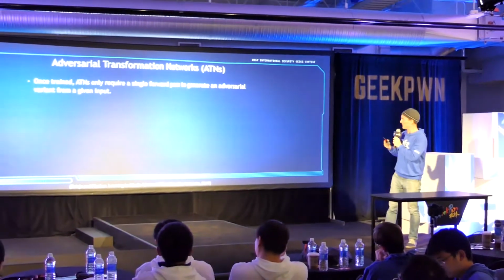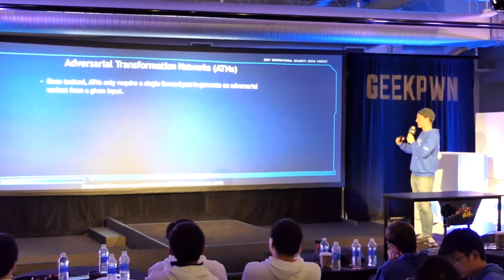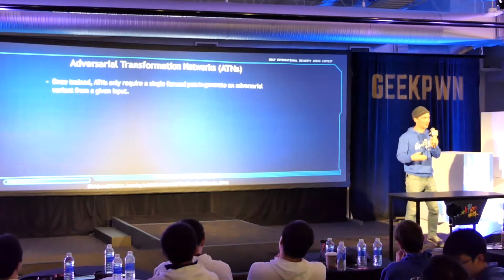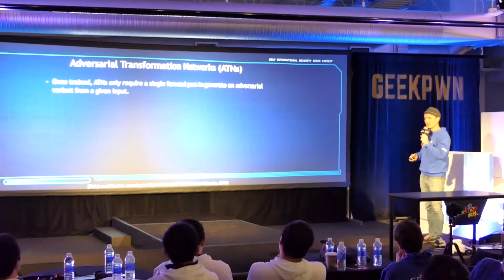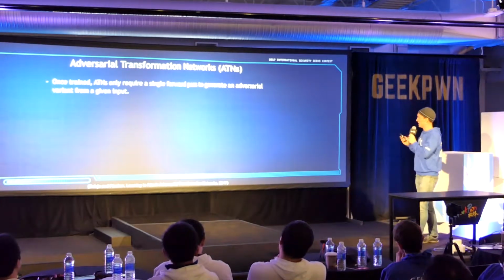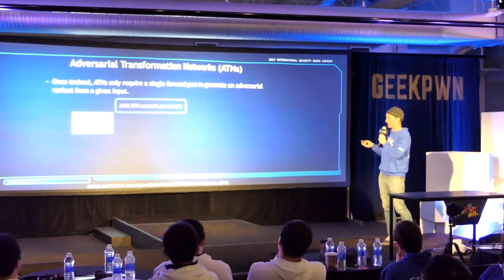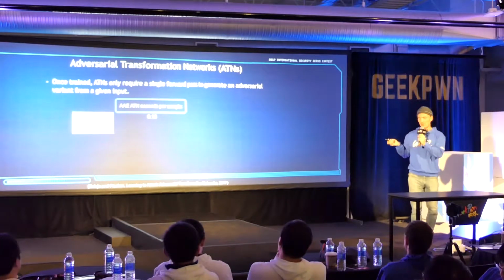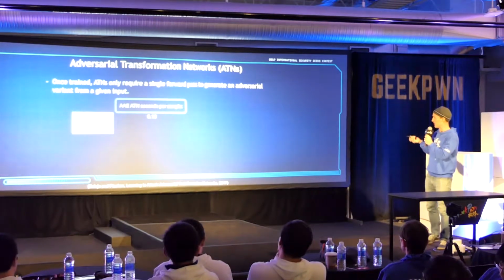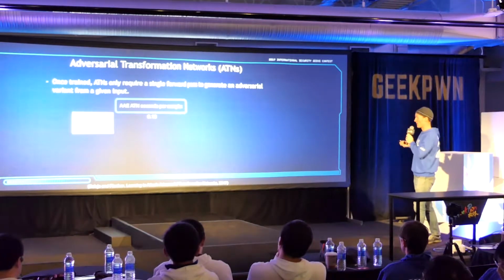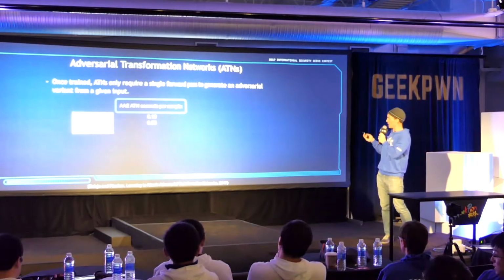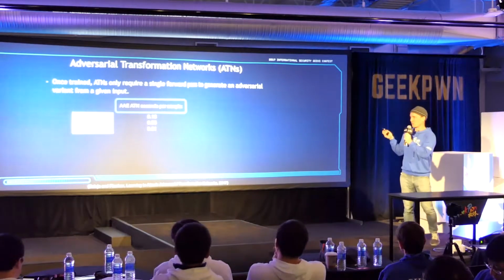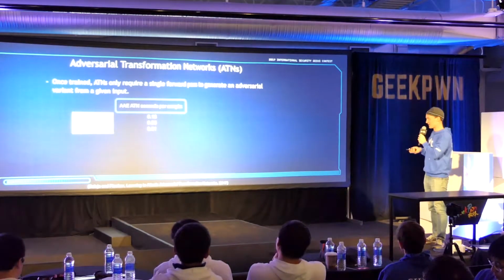Additionally, once we've trained an ATN, we only have to do a single forward pass through our adversarial transformation network to generate adversarial examples. So how long does this actually take? In our fastest network, it's 16 milliseconds per image, and a couple of others that also have good performance are a little bit slower, at 55 or 61 milliseconds.